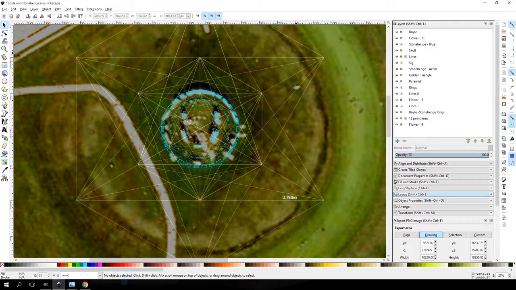This dark ring is bound inside the hexagon. So if we move it to 50%, then we would expect to see one inside this hexagon, so on and so on. And the same would occur for these rings that we see outside of the hexagons.